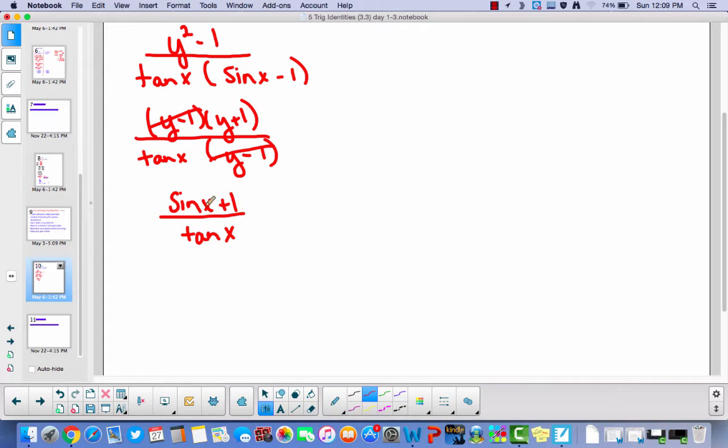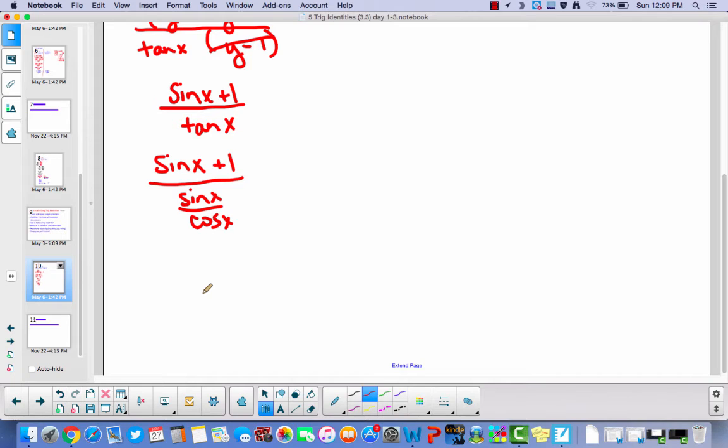Now that may be as simplified as it gets, but let's see what happens here. If I take this tangent of x and I rewrite it, we end up with sine of x plus 1 over sine of x over cosine of x. But again, remember, dividing by a fraction is the same thing as multiplying by the reciprocal.